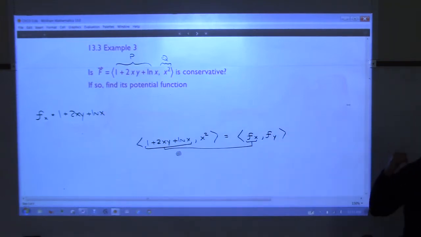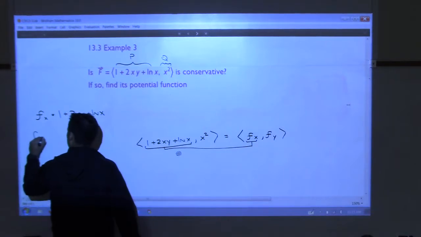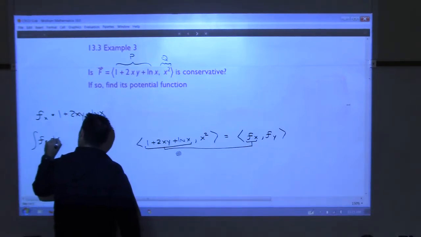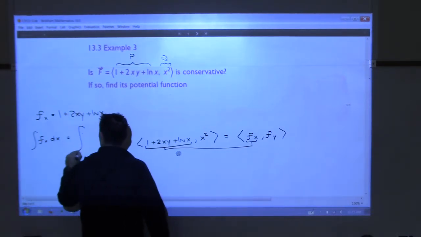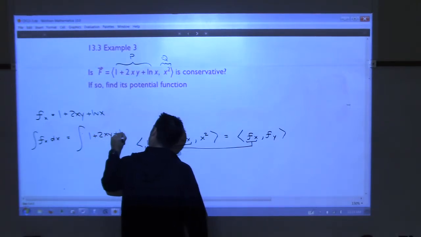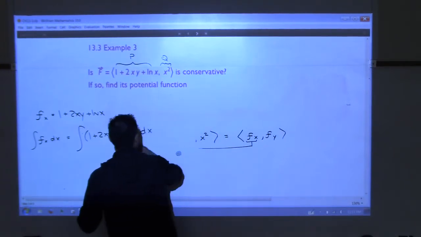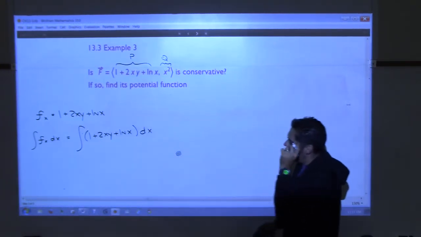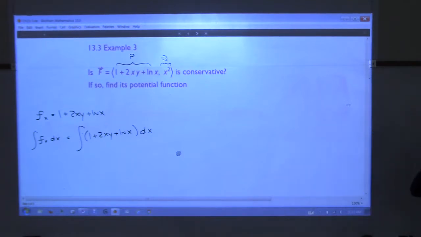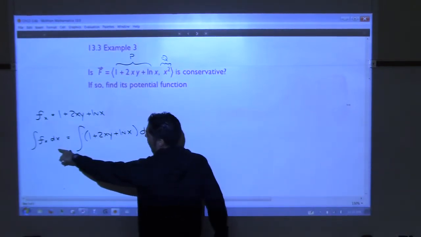So to go backwards, I'm going to integrate with respect to x. So I'm going to take the antiderivative on the left side of this with respect to x. I'll need that later, but I need room up here. All right, so now, what is the antiderivative of this with respect to x?